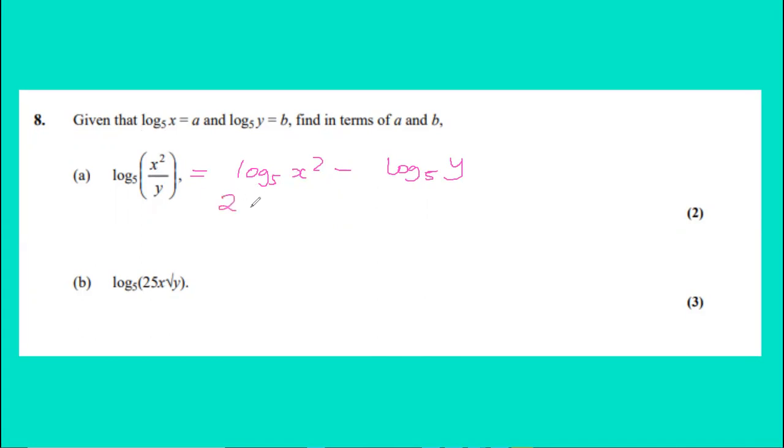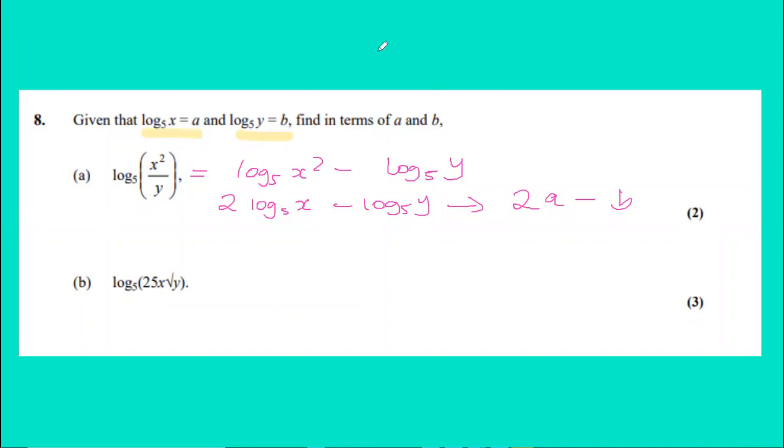I'm going to take the 2 over. So it's log base 5x minus log base 5y. That gives me, well, I know that log base 5x is a, that's 2a minus b, because when you look at this, it actually simplifies quite nicely.